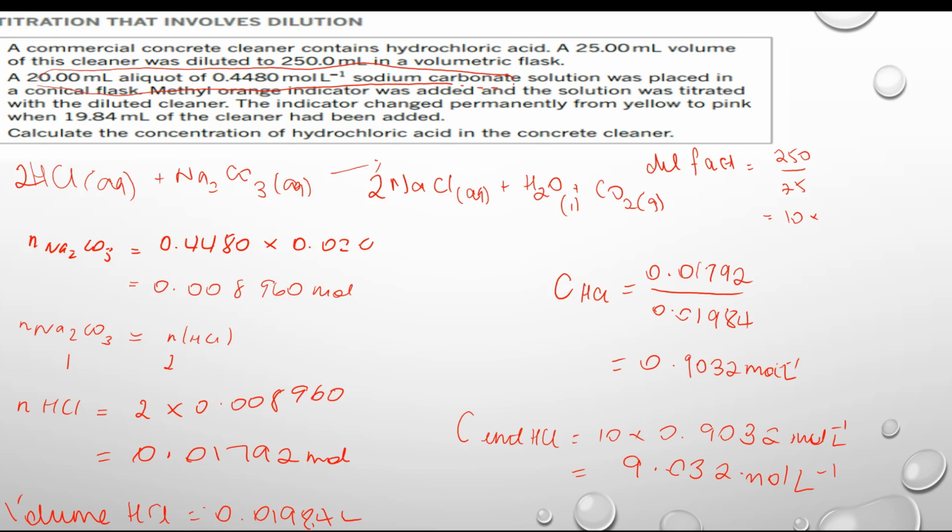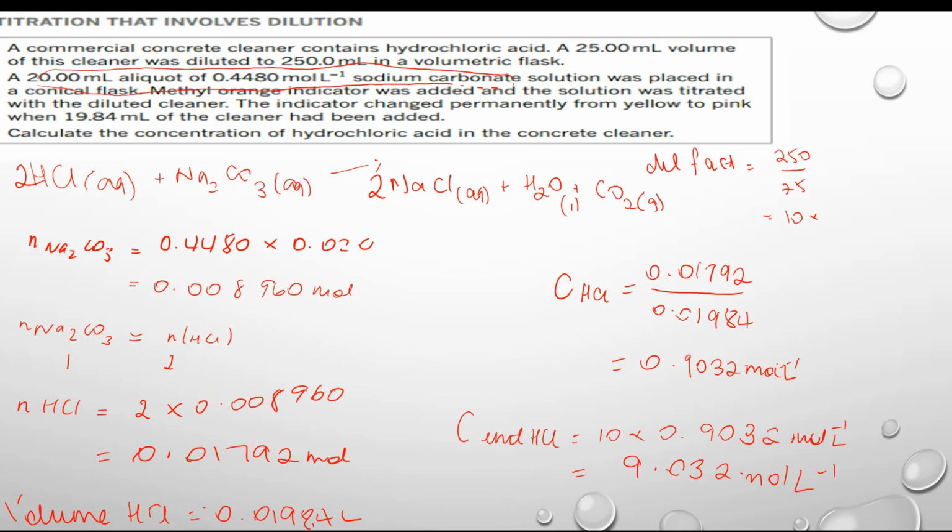So we've worked out the number of moles that we require, and from the question you can see that 19.84 mL of the cleaner had been added into the reaction vessel, and so that's our volume that we're going to use to find the concentration of HCl. We know the number of moles and the number of mL we used. We convert that to litres, and we'll work out the diluted concentration of HCl as being 0.9032.